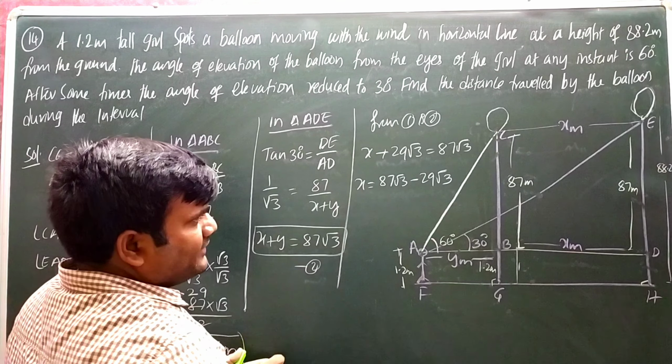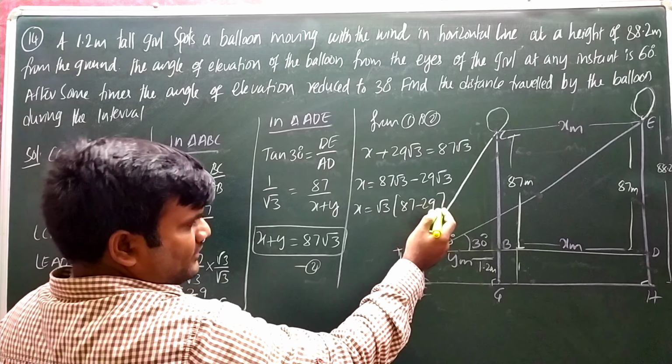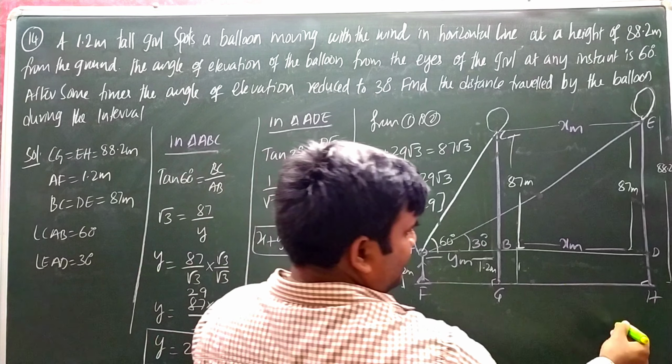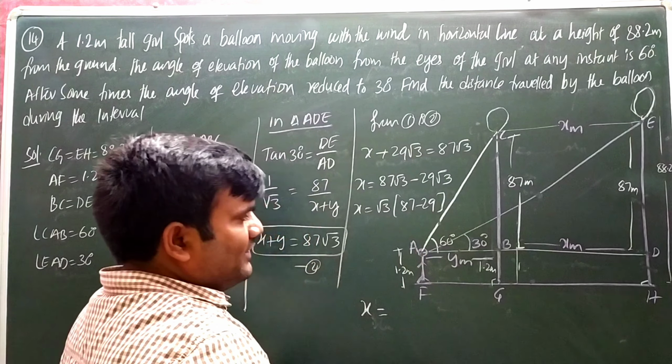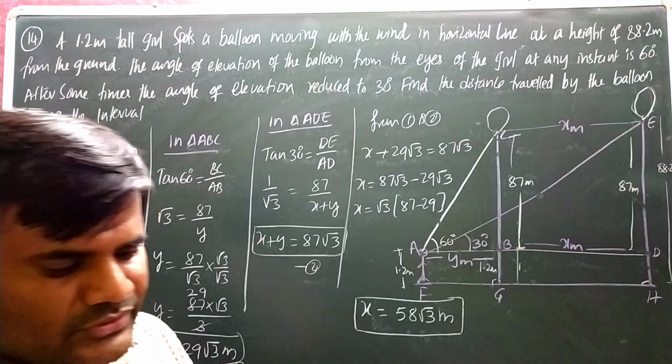Taking root 3 common, x equals 87 minus 29, which equals 58 root 3 meters. So the distance traveled by the balloon is 58 root 3 meters.